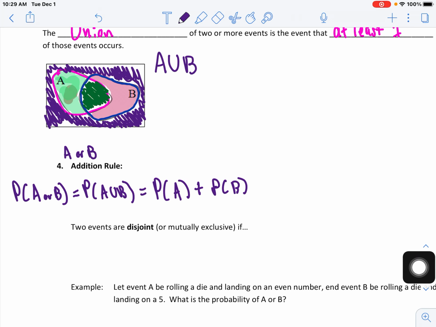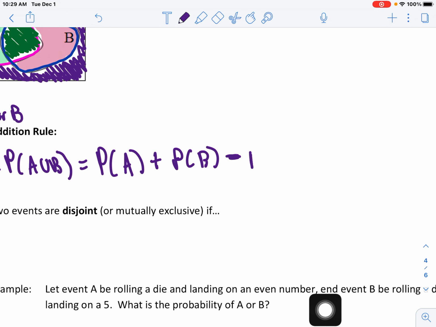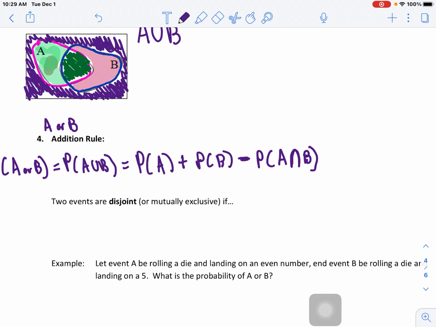So you take the probability of A plus the probability of B, and you have to subtract that little middle piece one time. And that is the intersection of A and B. And the intersection is denoted with this upside down U. It kind of reminds me of an N for intersection.